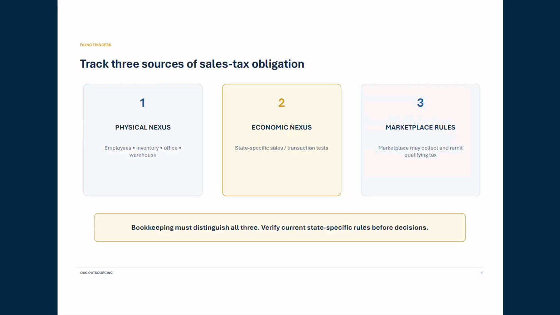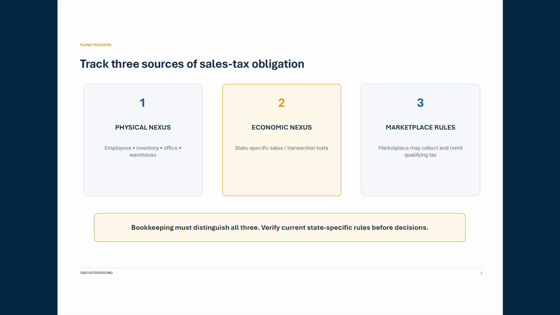The first control is understanding why the business may have an obligation. Sales tax nexus can arise from physical activity, economic activity, or practical rules. Physical nexus may involve employees, inventory, an office, warehouse, or other in-state activity. Economic nexus depends on state-specific thresholds and measurement rules.